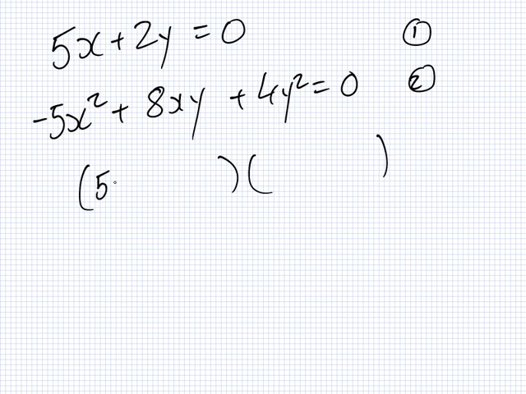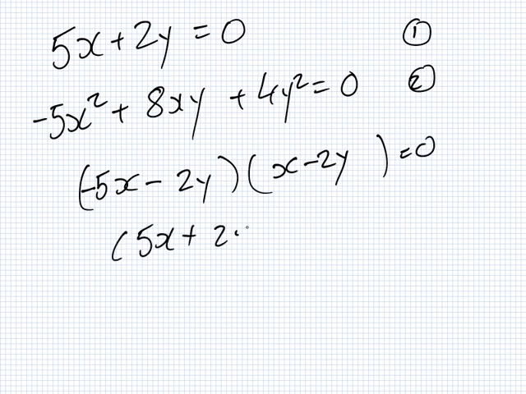Minus 5x minus 2y, and x minus 2y, with another minus, equals 0. Or I prefer 5x plus 2y minus x plus 2y equals 0.